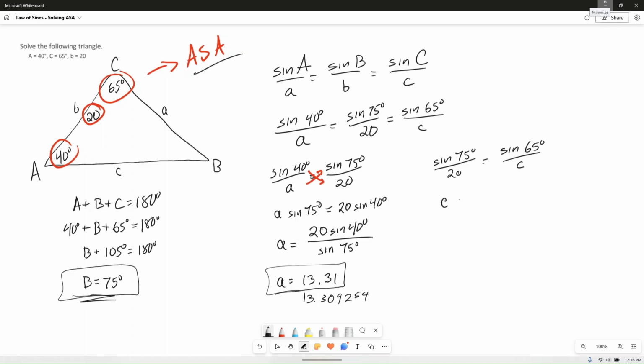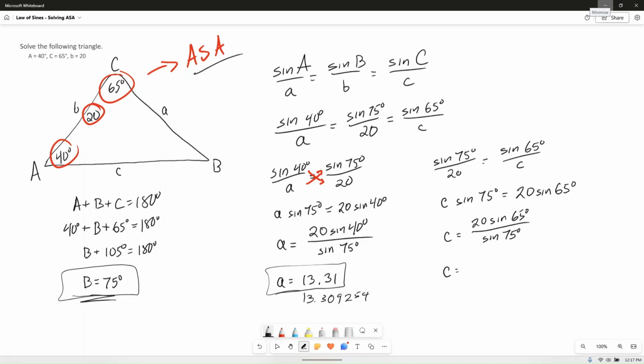We're going to have C times the sine of 75 is equal to 20 times the sine of 65 degrees. And then we're going to divide. So C will equal 20 sine of 65 degrees over the sine of 75 degrees.